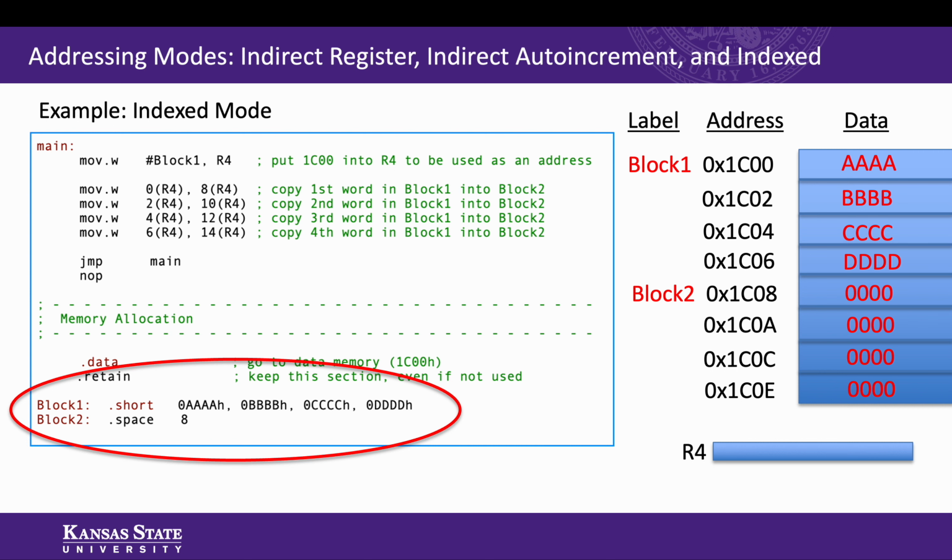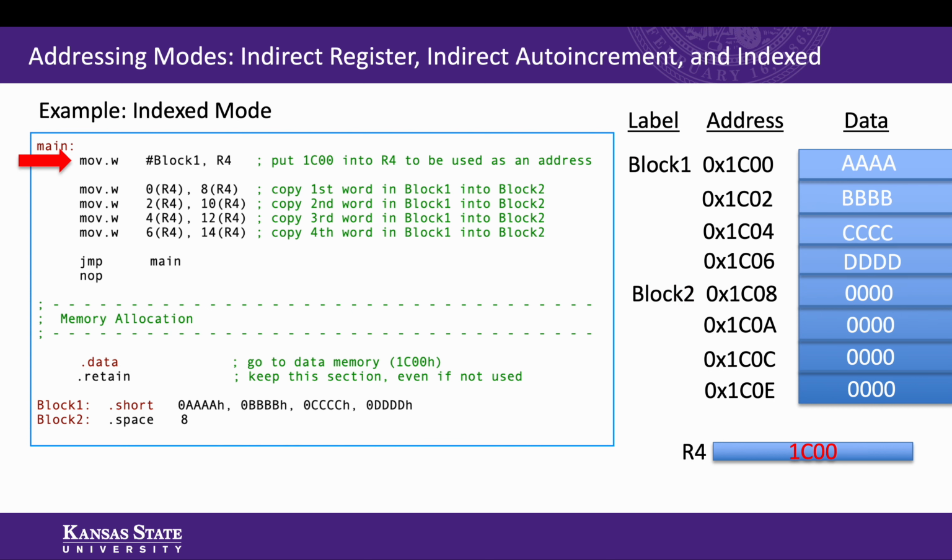And then I'm going to label block 2, which starts, as you can see to the right, at 1C08. And I'm asking for 8 bytes of information. So 8 bytes would take us all the way through 1C08 in the address. And I'm also showing R4 here.